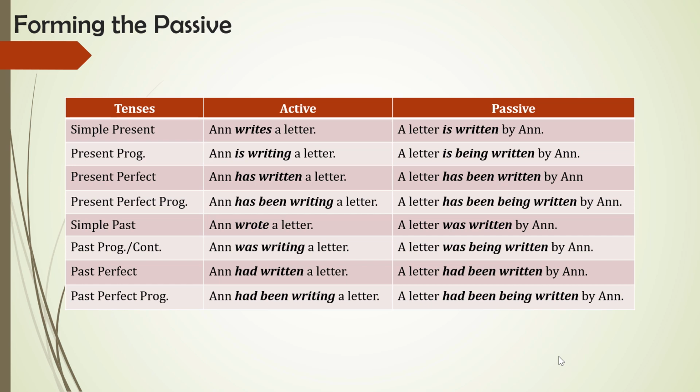The object from the active sentence becomes the subject of the passive, and the verb must be in the form of to be plus verb 3, and then the object of passive comes from the subject in the form of by agent or by phrase, by N. A letter is written by N. Yeah, for how to make passive from active in certain tenses, you may read yourselves the forms or the ways how to make it.